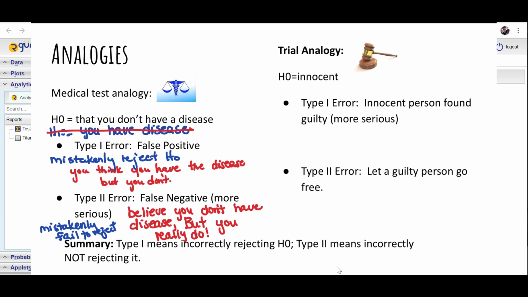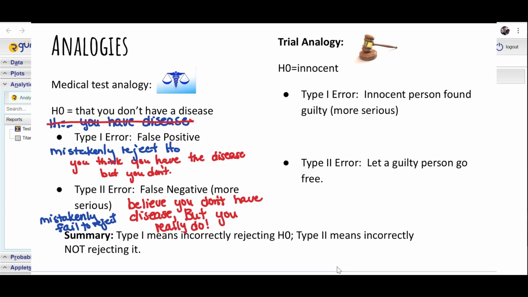All right, so let's go over to the trial analogy. H0 is that you're innocent, which means that H1 would be you are not innocent. So type 1 error. I find it helpful to do this. Type 1 is when you reject the null. So we mistakenly reject the null.